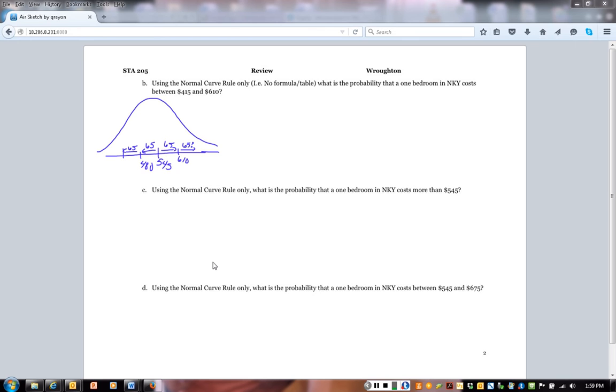And then we can figure out what we actually want. So this is going to be 415. This will be 675. Alright, so what we actually want is between the 415 and 610.